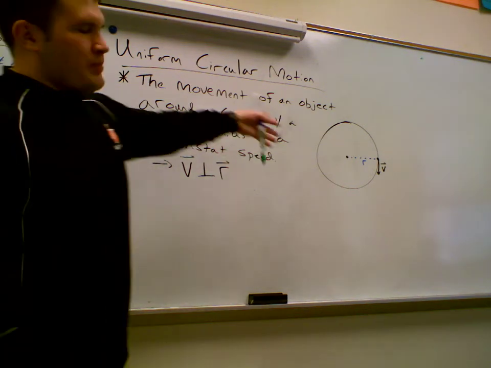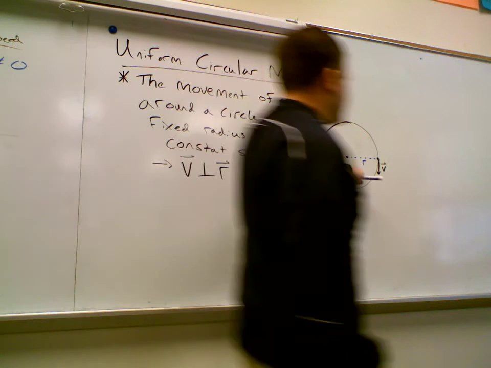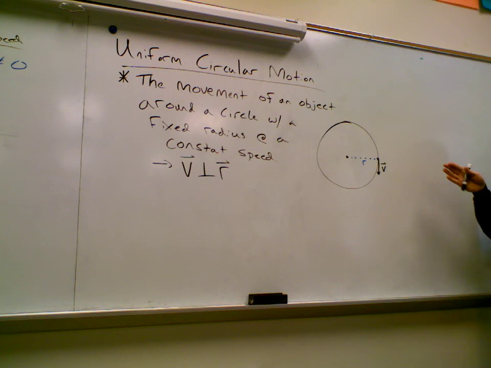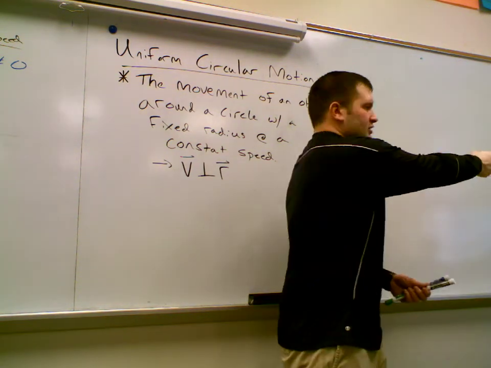Now, if this is the bucket being swung around in the circle, right? That means this radius right here, this is my arm, right? Which way did my arm pull on the bucket? Toward the center or away from the center? So right here, I'm holding the bucket like this.